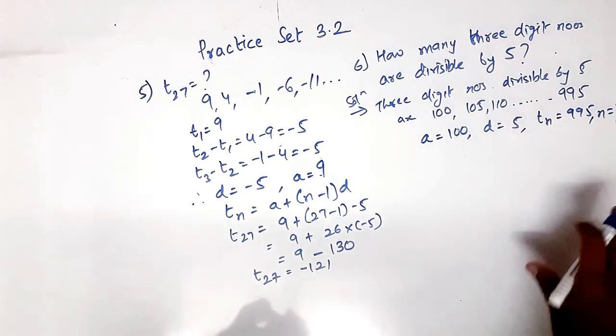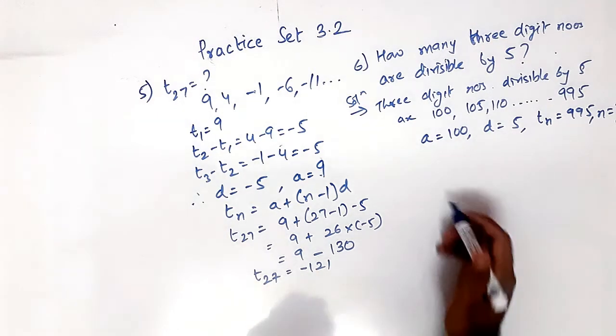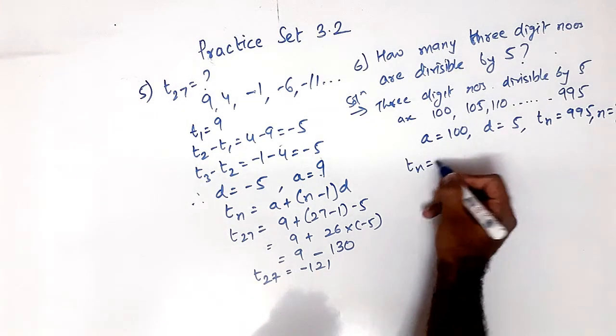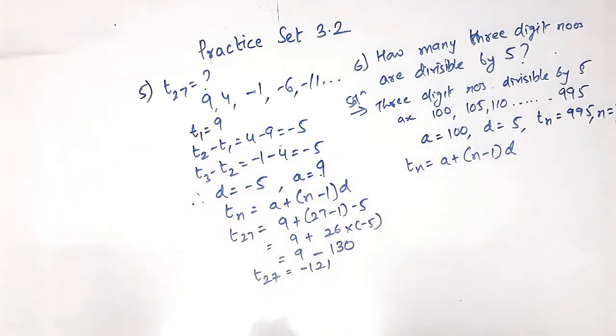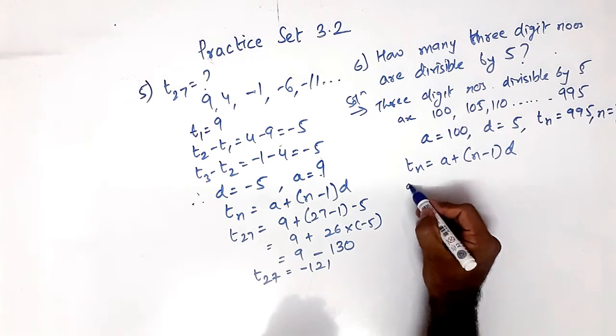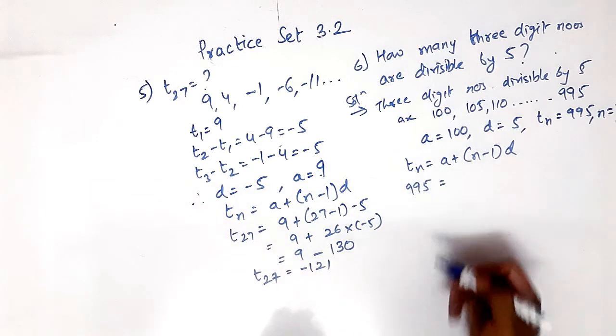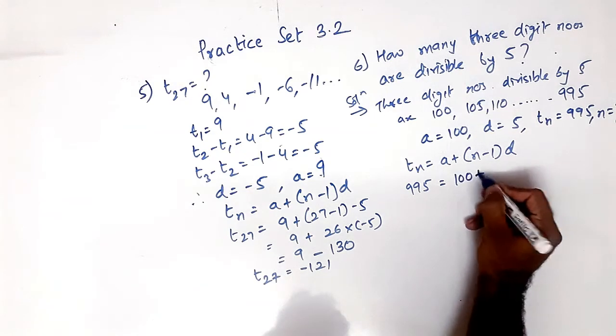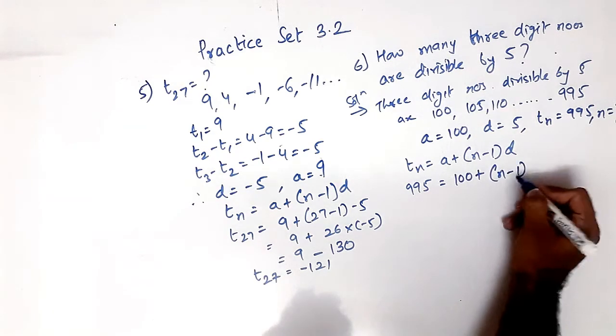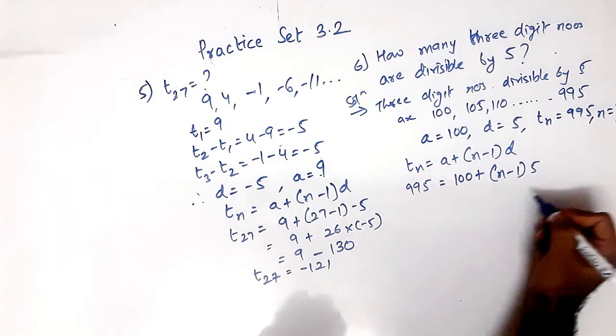Okay, so Tn is equal to a plus n minus 1 into d. Tn, this is the last term, 995. Okay, a is 100 plus n we don't know, difference we know it is 5.